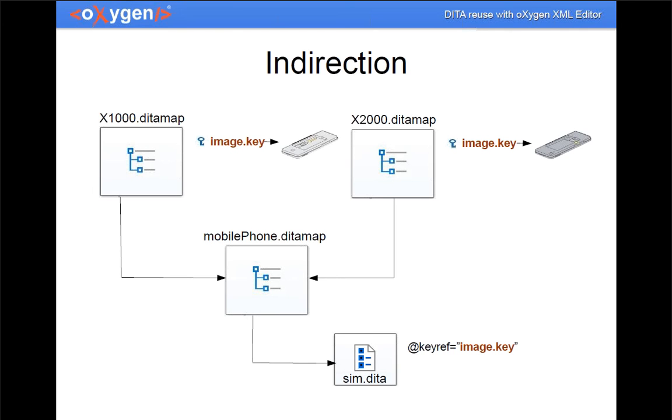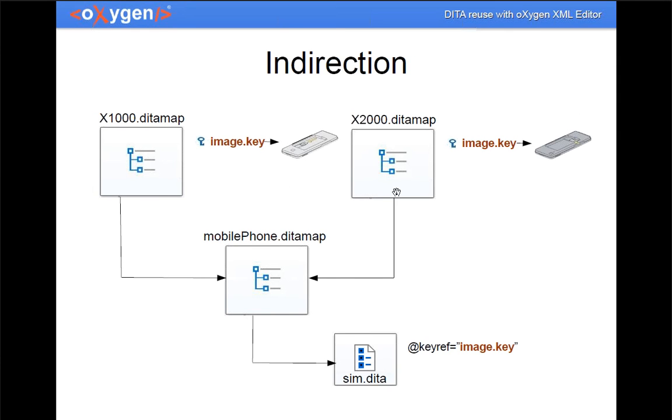We will define a root map for each of our phone models, the X1000 and the X2000. And in each of these maps, we will define the same key but bind it to different images, to different resources.